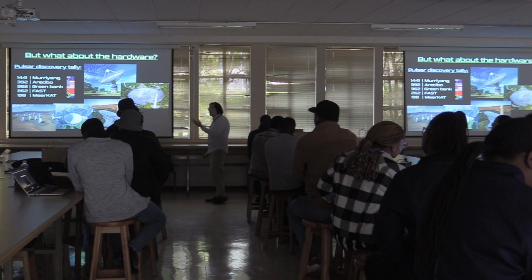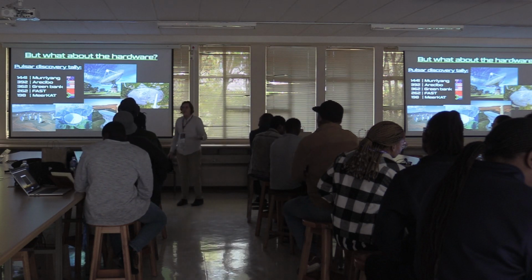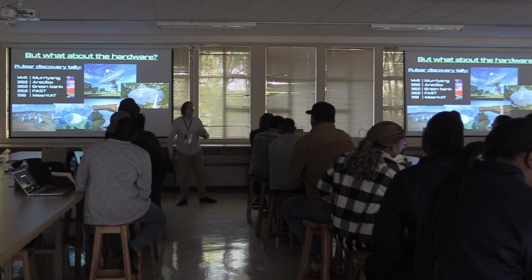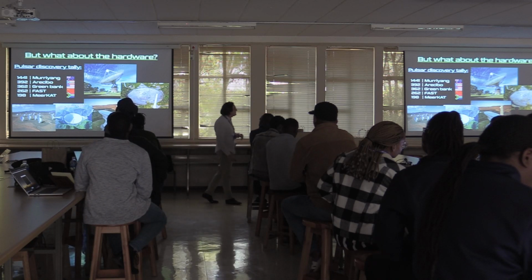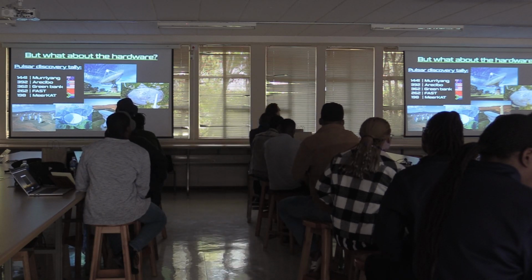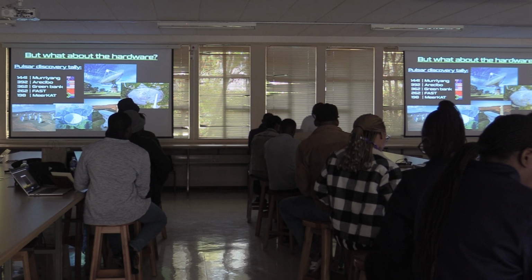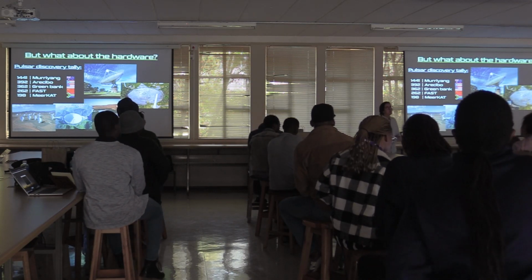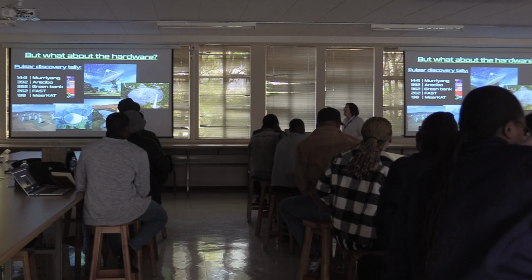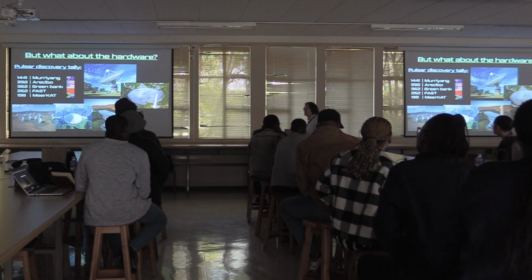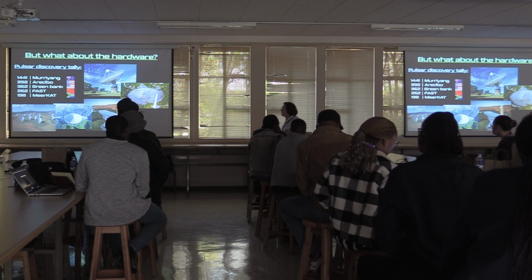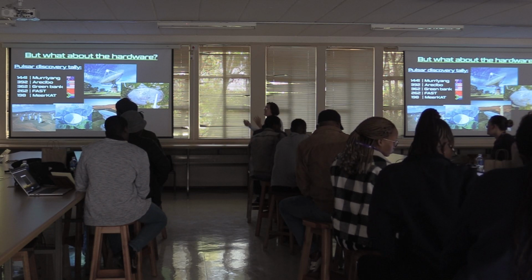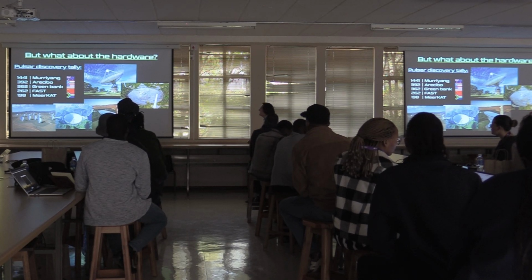So that covers the software side, the algorithmic side of how we find pulsars. But you might also ask, well, what about the hardware side? What kind of telescopes do we need to find pulsars? The vast majority of pulsars that we have found so far have been found using these big single-dish radio telescopes in various countries.